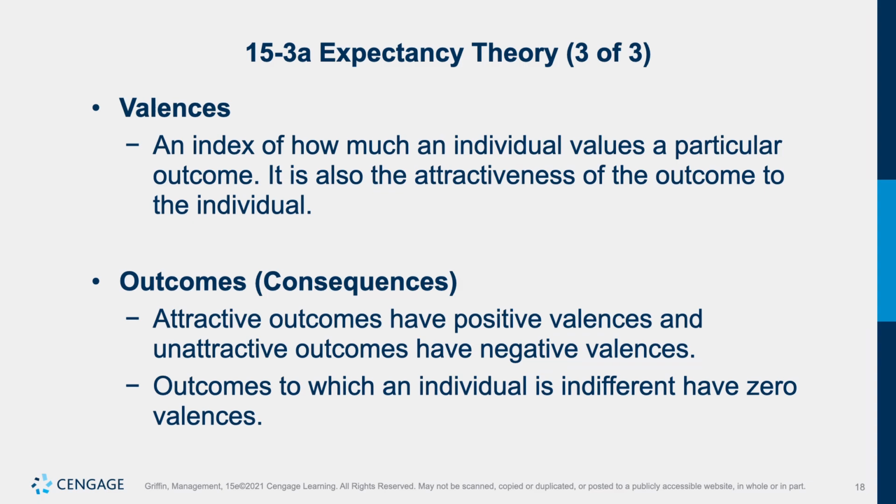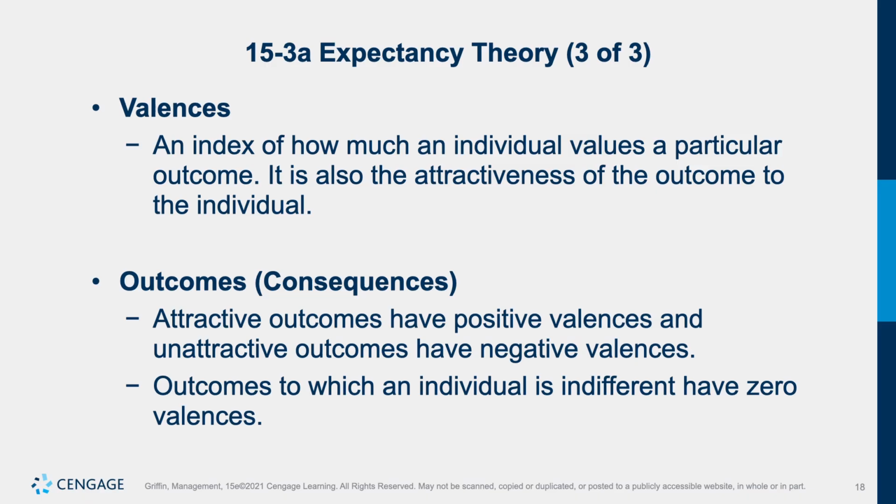Finally, on expectancy theory, you have the outcomes and valences, right? Individuals recognize that their behaviors will result in a variety of outcomes, whereby outcomes are consequences of behaviors in an organizational setting.